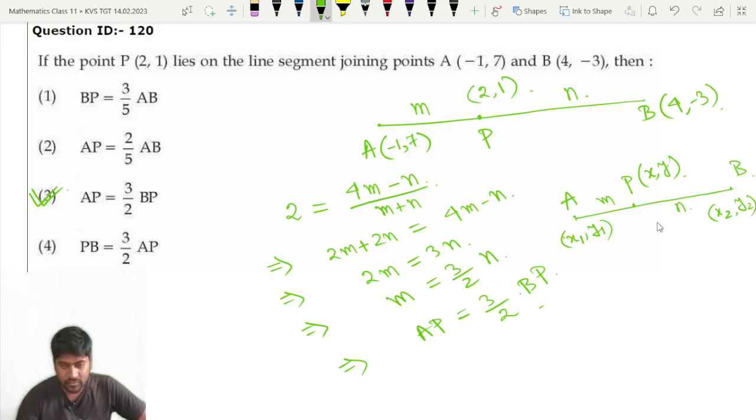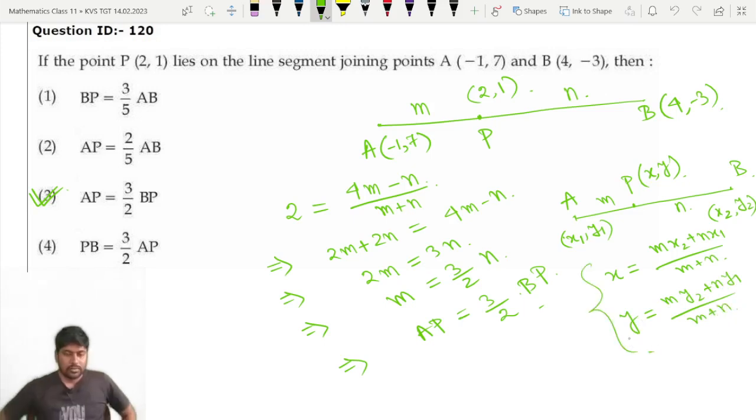Then x will be equal to (m x2 plus n x1) divided by (m plus n), and y will be equal to (m y2 plus n y1) divided by (m plus n). These were the formulas. So one of them I have applied here.